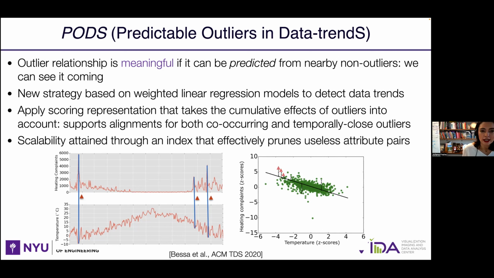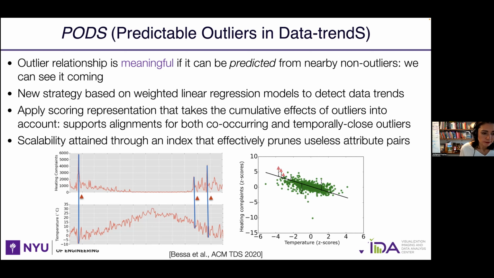So the idea is like, if you can see that outlier coming, it's likely to be meaningful, right? And again, I won't have time to get into details, but the idea is, can we find some way of actually deriving meaningful explanations for these outliers.